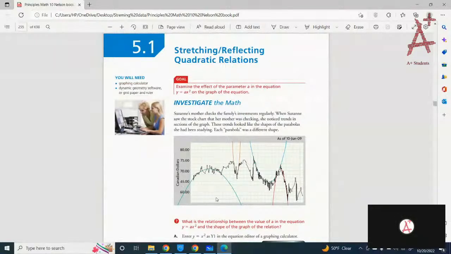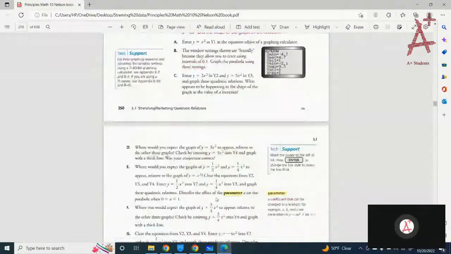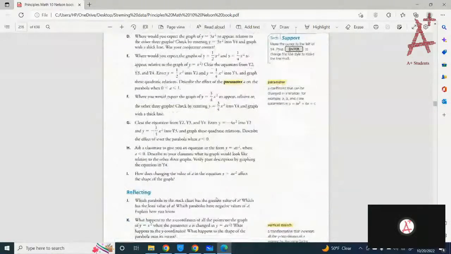We're going to learn what is stretching and reflecting in the quadratic relations. Got it? Let's go through the definitions and then we'll start with practice questions. You can do examples by yourself.